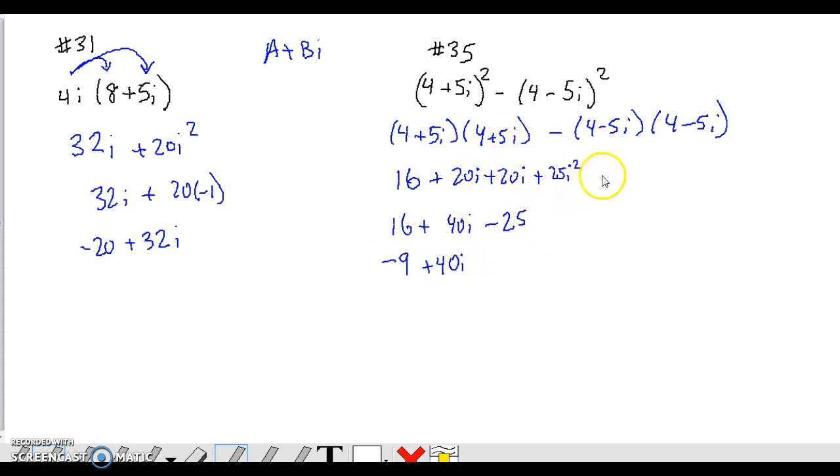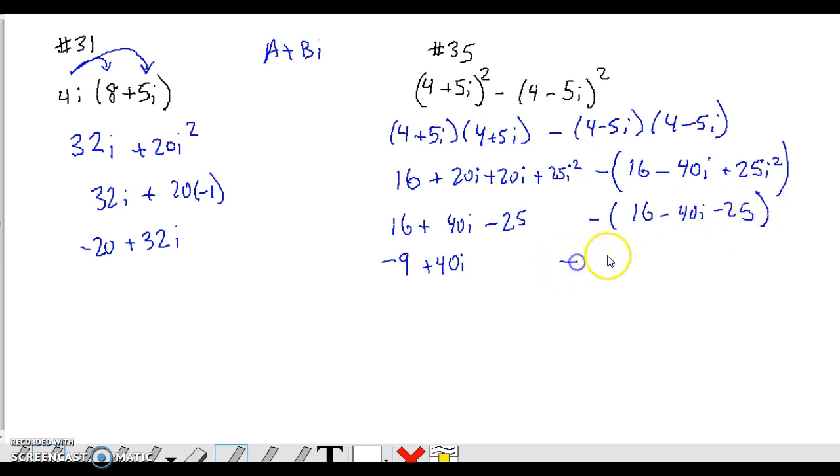So that's that first part. I'm going to subtract that from inside. So this will be the same exact thing. The only difference is my 20s will be negative. So I'm just going to write this as 16 minus 40i. And then this will be a plus 25i squared. So then this will be 16 minus 40i minus 25, which is negative 9 minus 40i.